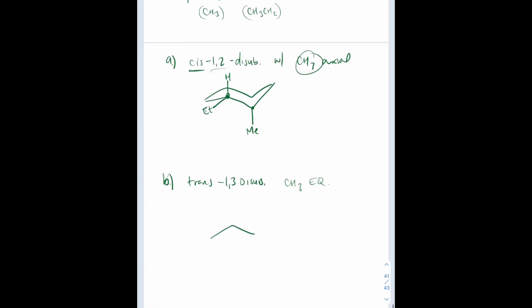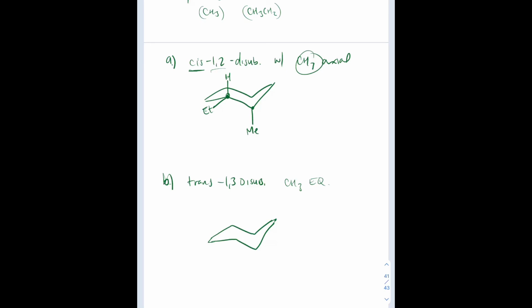Okay, let's draw it. First, draw your chair, and we've got our, let's see, tell me when to stop. Do we want it here, here, here, here, here, here? All right, I didn't hear anybody, so I'll put it wherever I want.